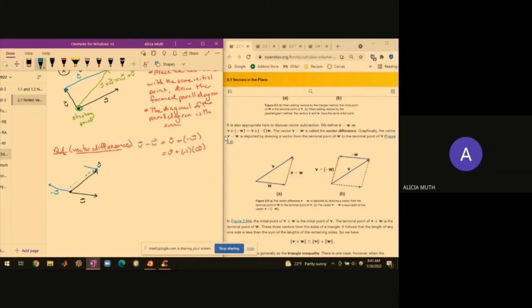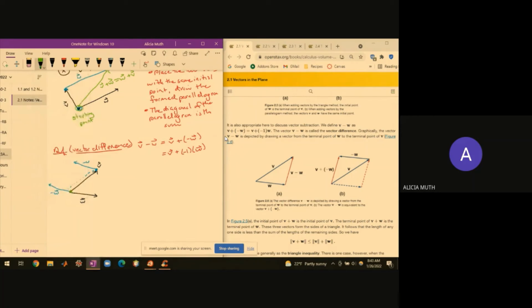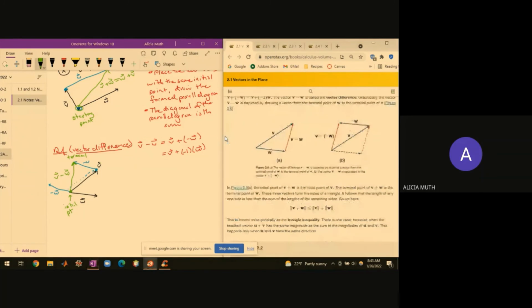So this is our slope. There we go. It's not very nice, but there we have it. So then we're starting off at our point v, and then our terminal point is the tip of our negative w. So in green here, I have v minus w. Cool. Or in red in the textbook.